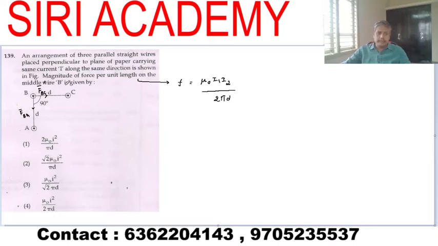So FBC is equal to mu naught I square by 2 pi d, and force on B by A is equal to mu naught I square by 2 pi d.